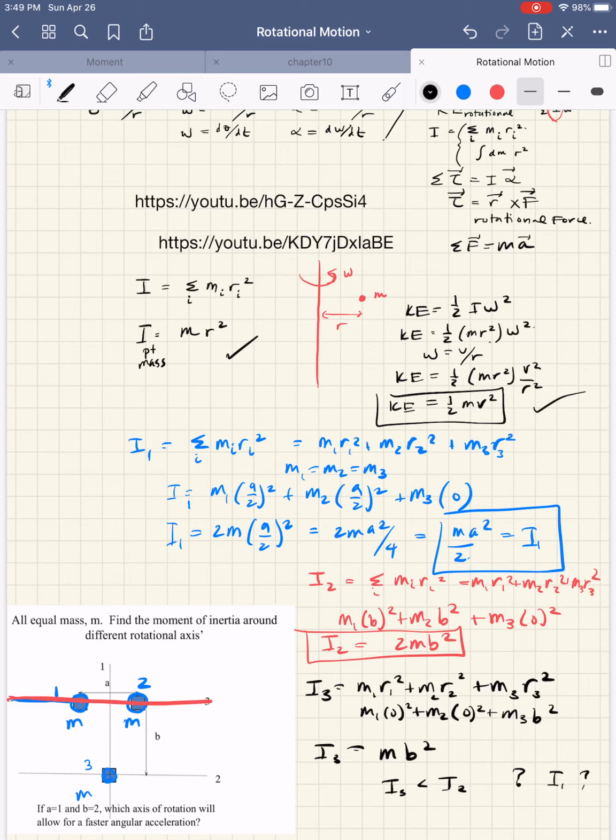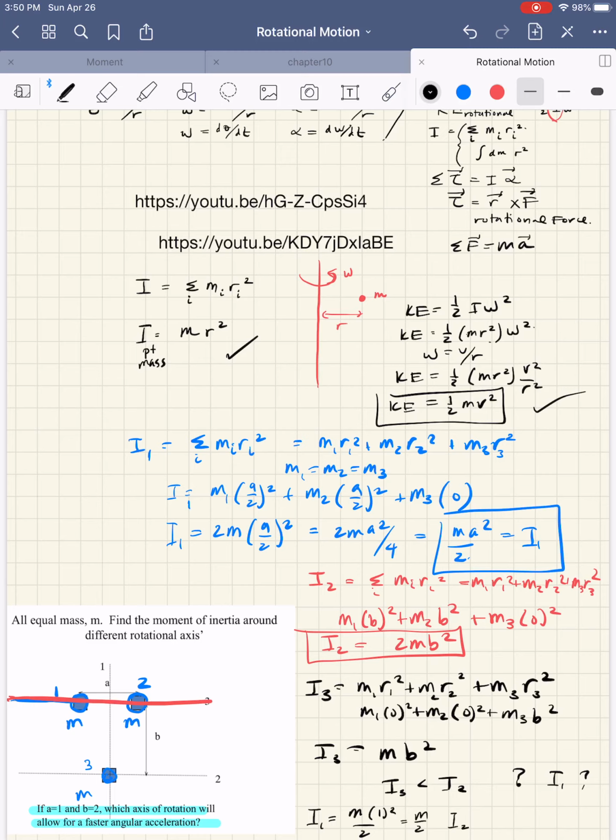So I have this little note here that says at the very bottom, if a equals 1 and b equals 2, which axis of rotation will allow for a faster angular acceleration? Well, let's plug in some values. I1 would then be equal to m times a squared over 2, which is 1 squared over 2, or m over 2.